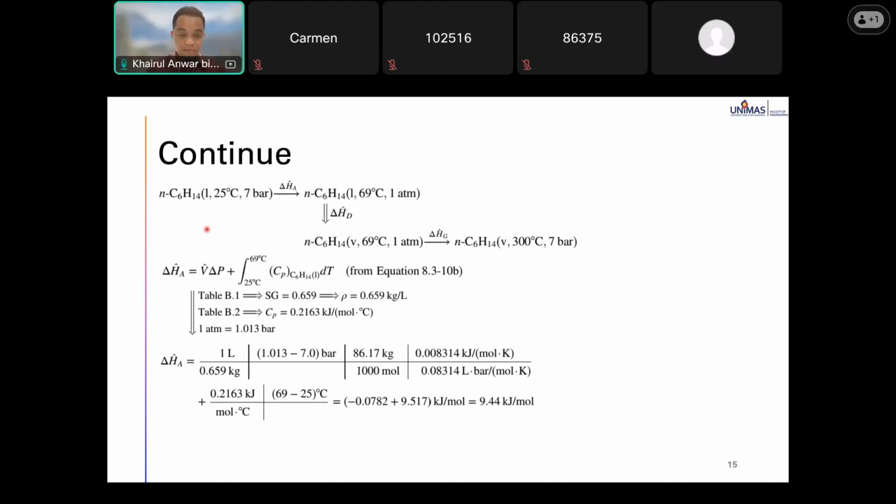Then from table B2 we determine the CP from 25 to 69.